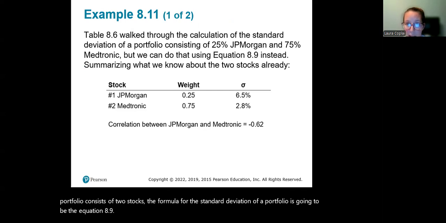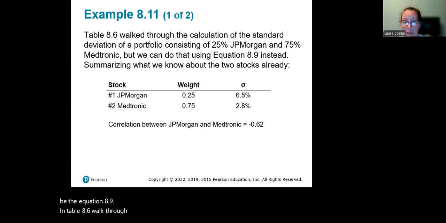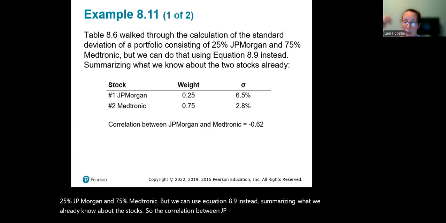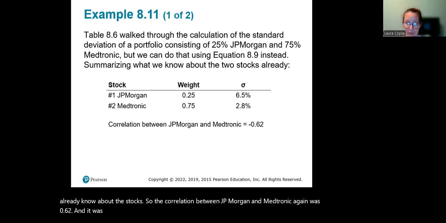In table 8.6, walk through the calculation of the standard deviation of a portfolio consisting of 25% JP Morgan and 75% Medtronic. But we can use equation 8.9 instead, summarizing what we already know about the stocks. The correlation between JP Morgan and Medtronic, again, was 0.62, and it was negative.